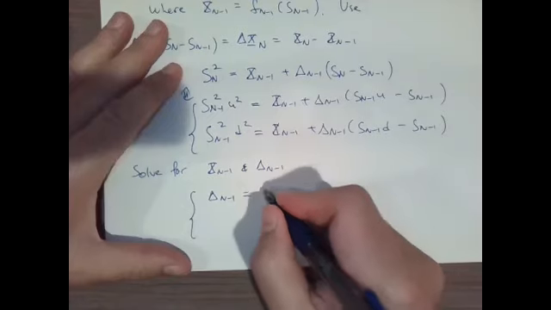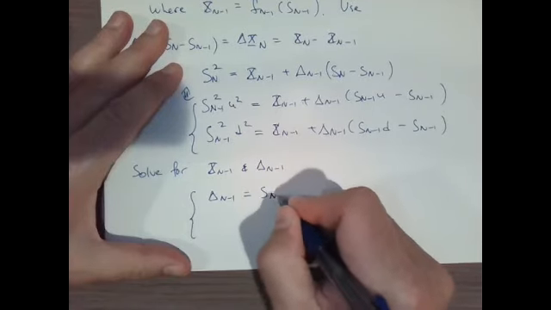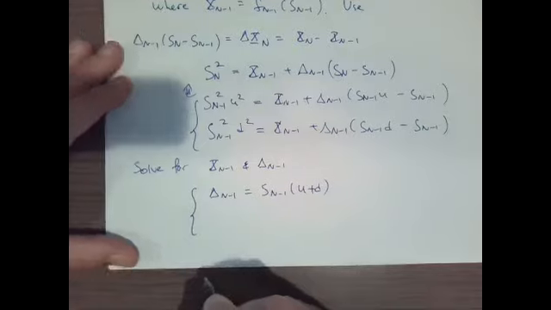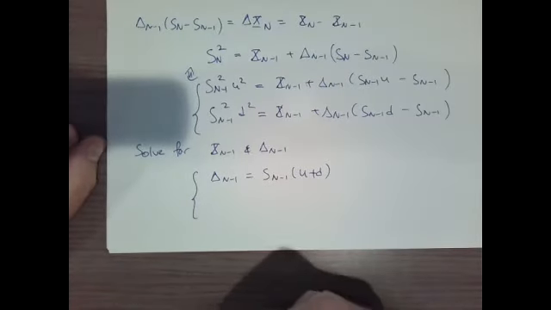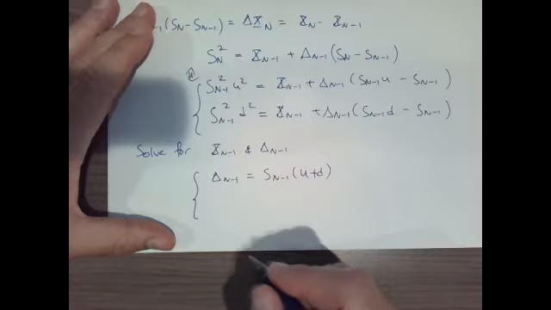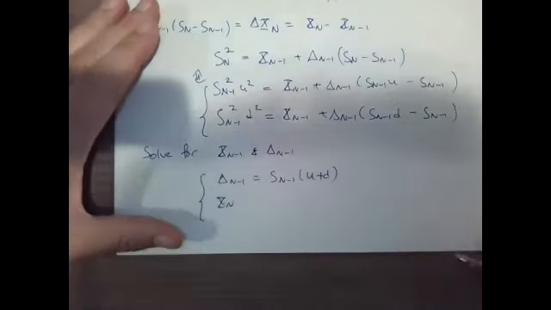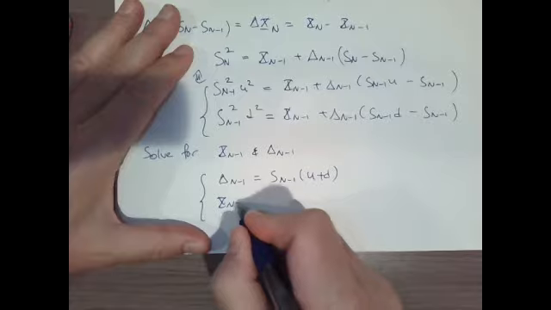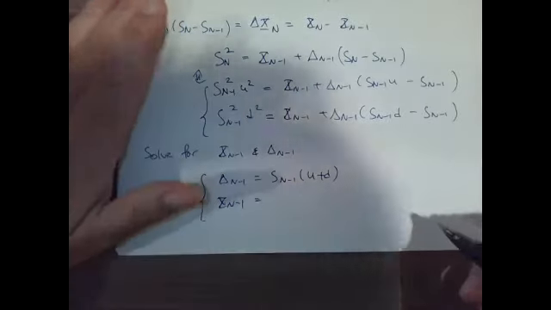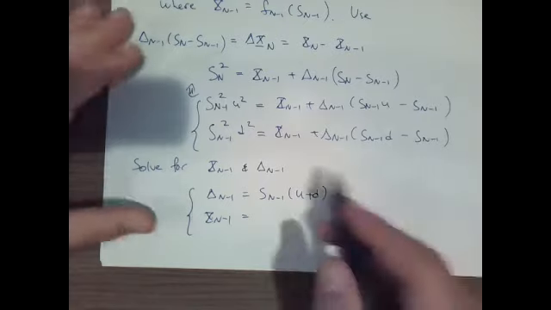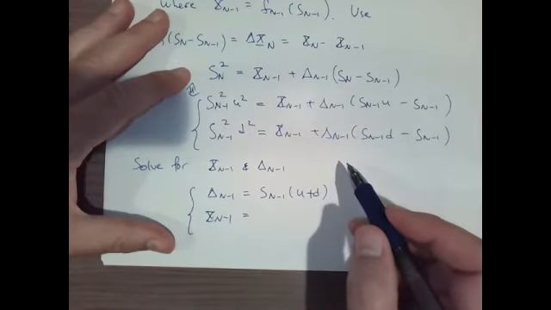I get that this is Sn minus 1 times u plus d. And I get that xn minus 1 is equal to, what do I get?